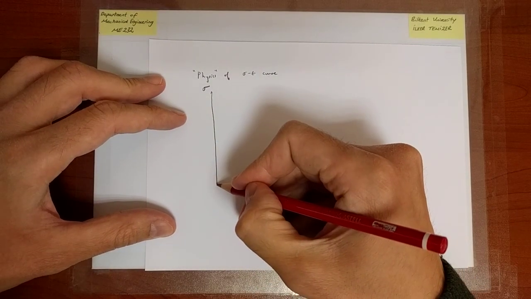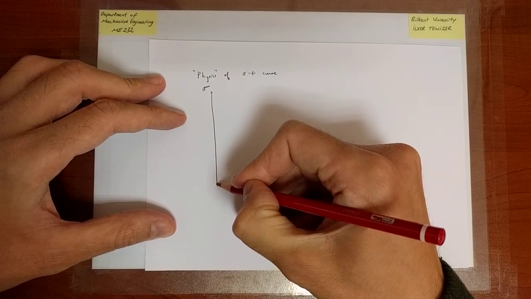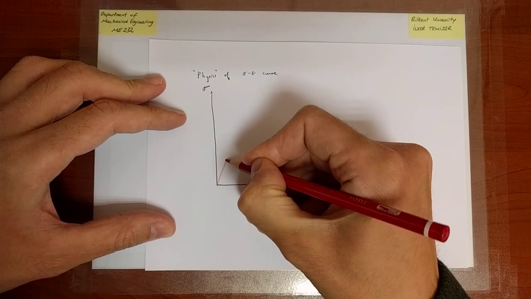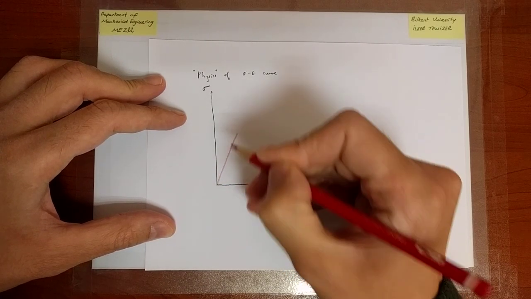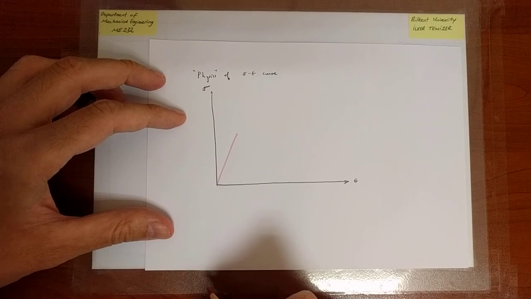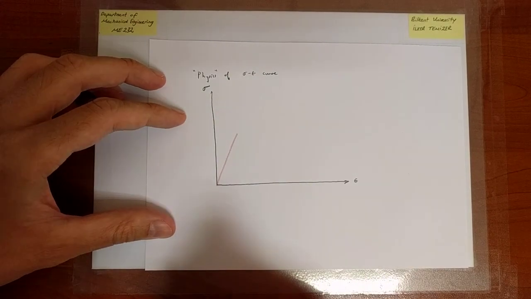First of all, the stress-strain curve will always, if you're carefully carrying out the test, have a portion where the relation between stress and strain is linear. So that's our nice linear elastic relation, right?